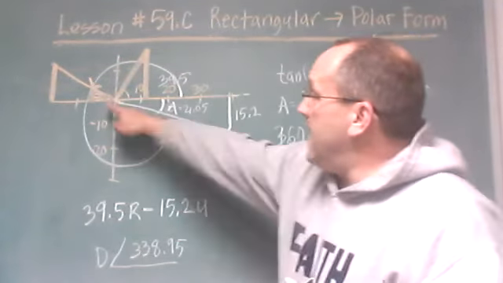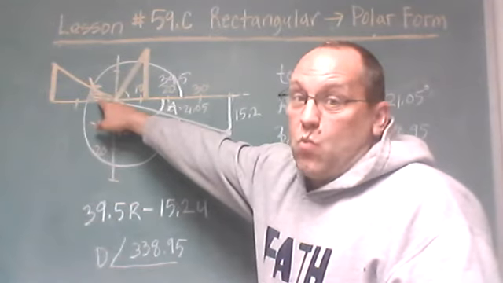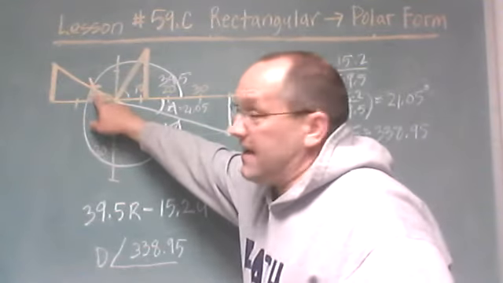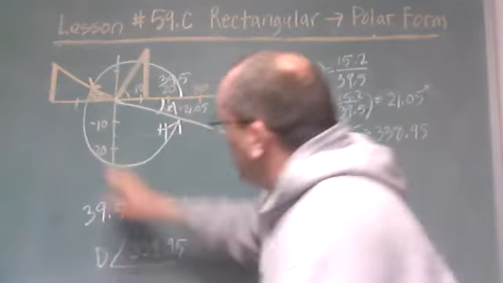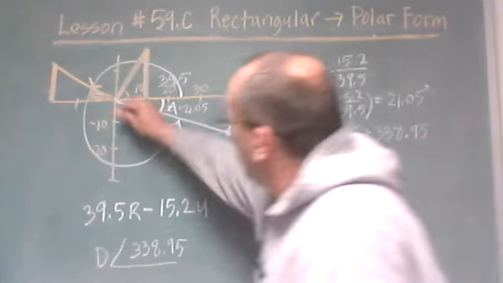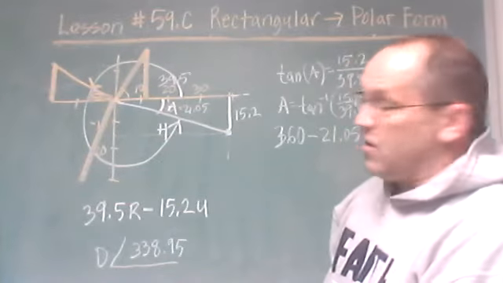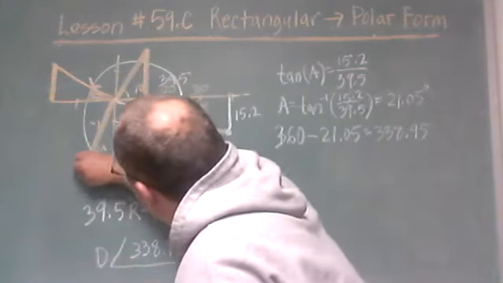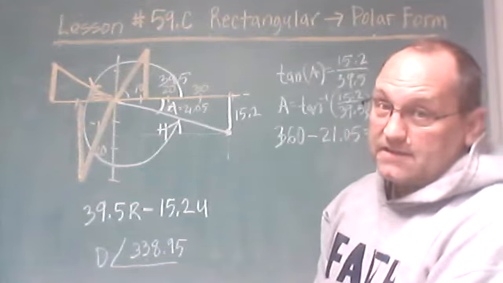Okay, so we will have to take whatever angle we got from there and take 180 and subtract that angle to get this angle right here. If we're down here in the third quadrant, we draw our triangle back to the x-axis.